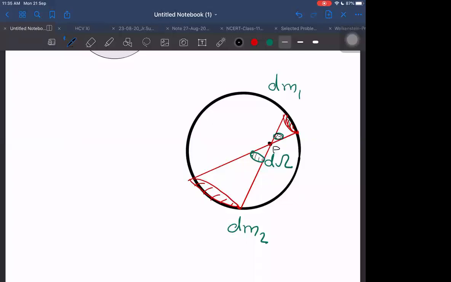Let us take a radial line passing through the center of the cone, the axis of the cone, this way. In this direction, whatever component we get will be the component dAr.